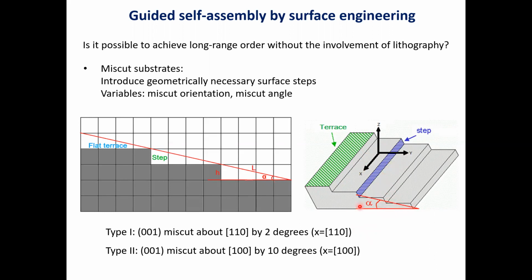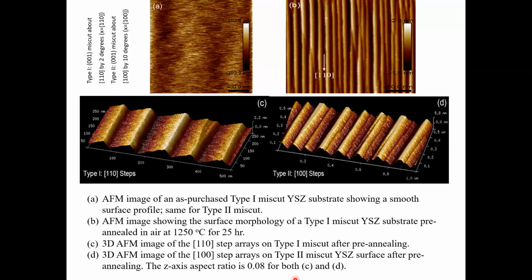Alpha is the angle by which it is miscut about a certain axis, x. So this is the alpha angle about the x direction. Type 2 was again a 001 substrate, miscut about a different axis, 100, by 10 degrees. So we use these two miscut samples.